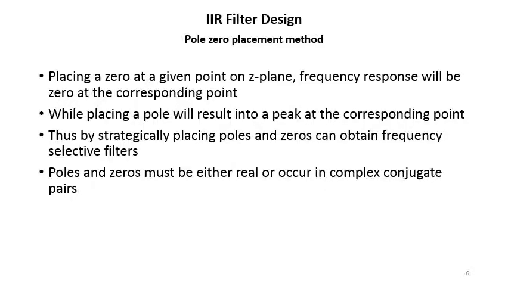Coefficient calculation methods for IIR filters. The simplest way to obtain IIR filter coefficients is to place poles and zeros judiciously in the Z plane such that the resulting filter has the desired frequency response.